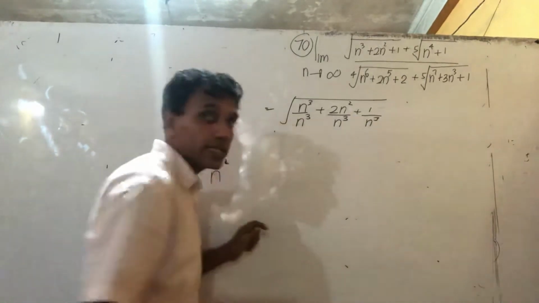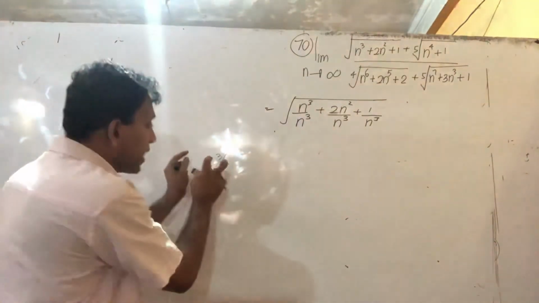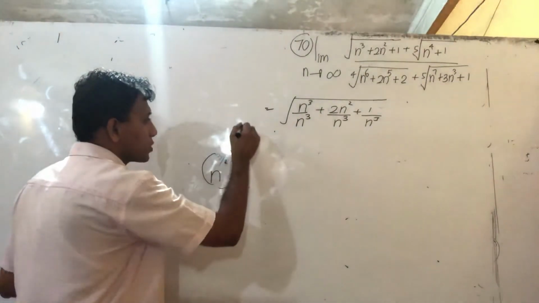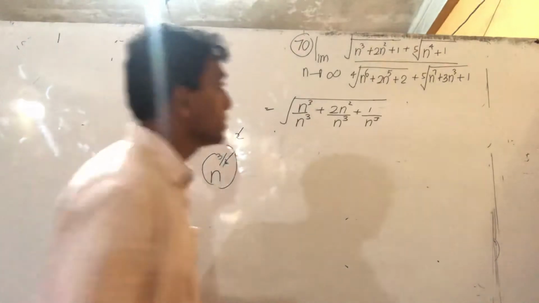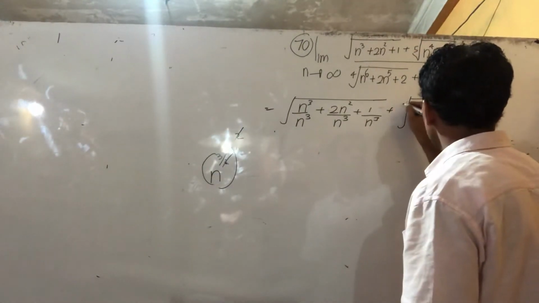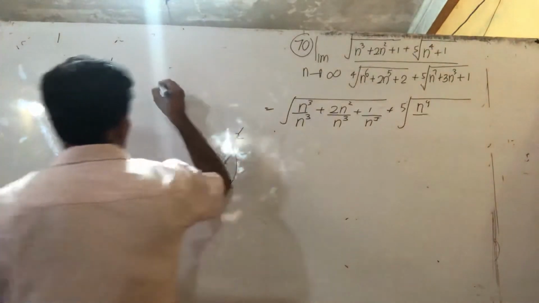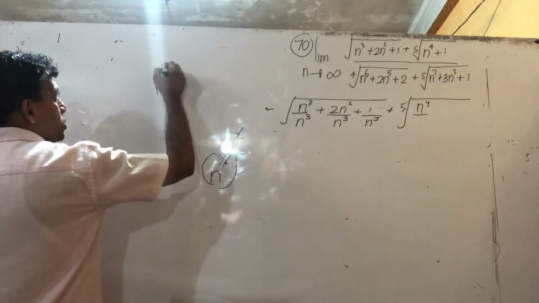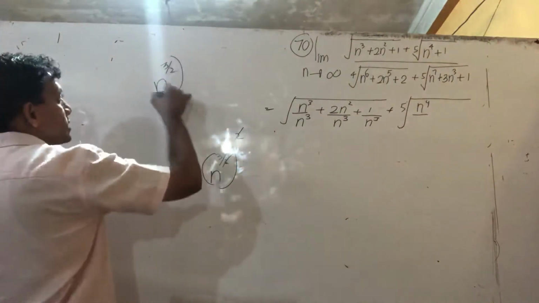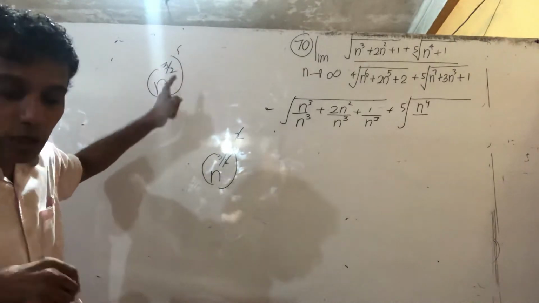So I hope you understood this. Inside the root, divide by n cube. That means outside 3 over 2. If you take this inside the square, what happens? It is square, no? So the 2 cancels, n cube available. Right. Plus, this is the fifth root, n to the power 4. Here n to the power 3 over 2. Take it inside the fifth root, it becomes what? Like this, or n to the power 15 over 2.